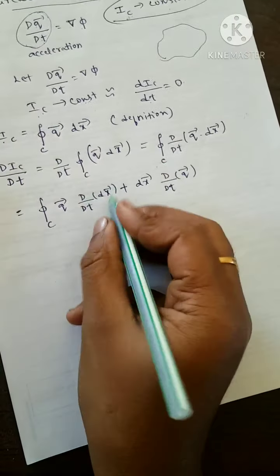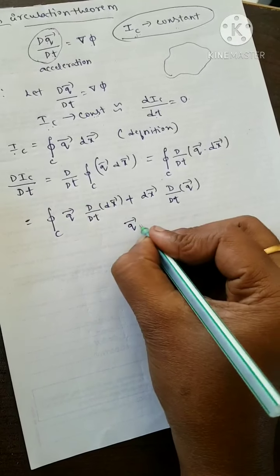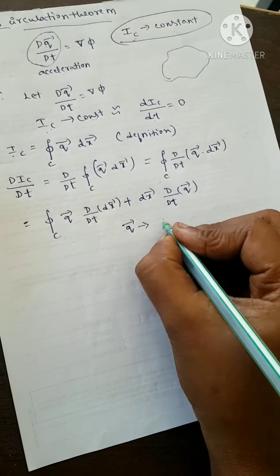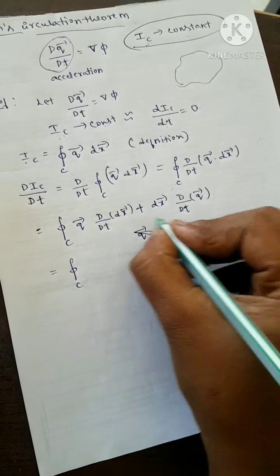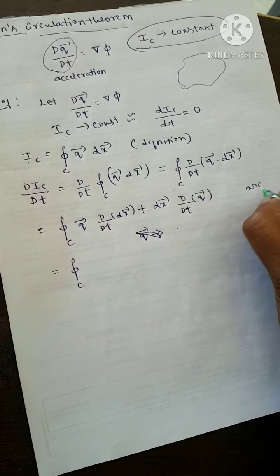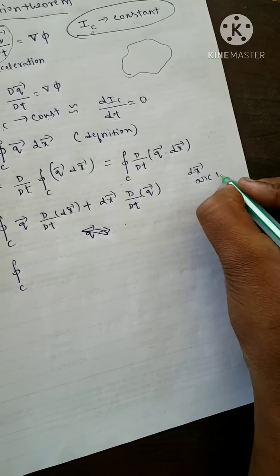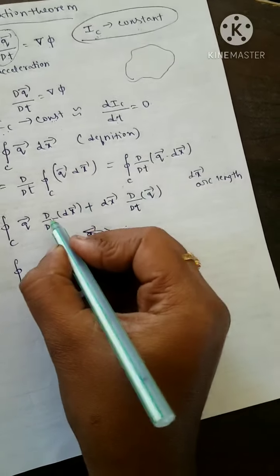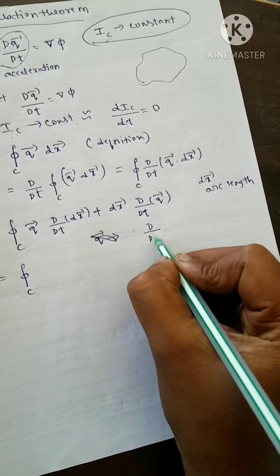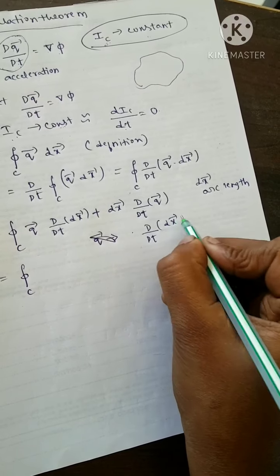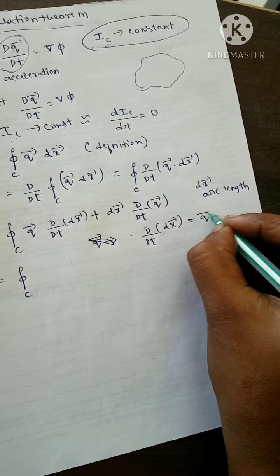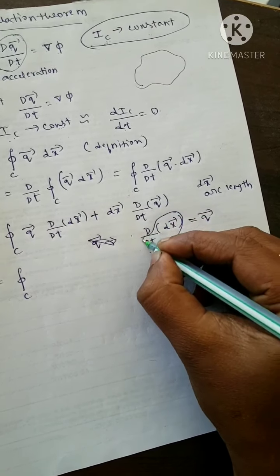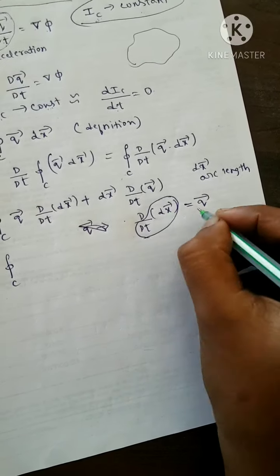Now you can note that q is the velocity vector here. Let me write here: dx is the elemental arc length. So I can write d/dt of dx as q. I mean dx/dt as q. Why?